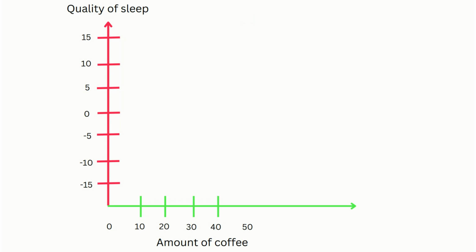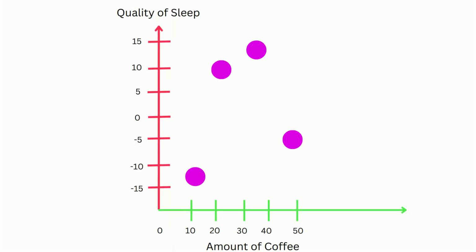To make it easy, we will take a simple dataset. We will analyze how the amount of coffee affects the quality of sleep through regression. Here, the x-axis represents the amount of coffee and the y-axis represents the quality of sleep. For ease of calculation, we are only considering 4 data points.